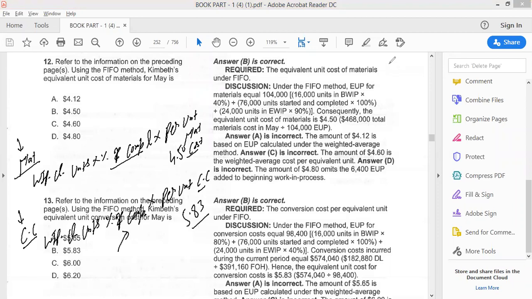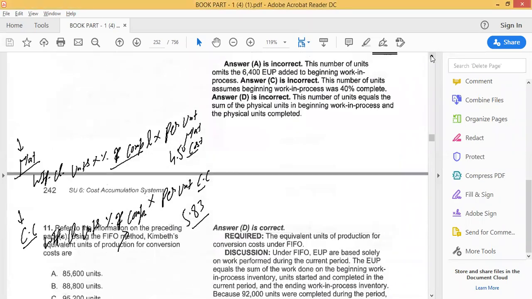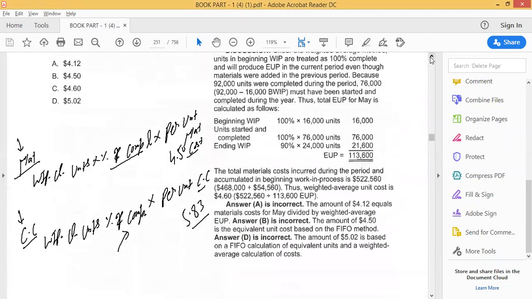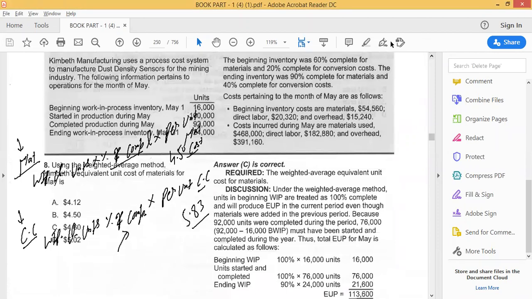Now I just need closing units and percentage of completion, which I can pick up from the initial information of the question. We have 24,000 units in work in process closing units. 24,000 multiplied by the percentage of completion with respect to materials: here it is given that these are 90% completed with respect to materials.